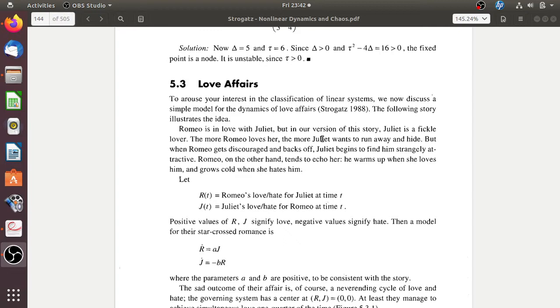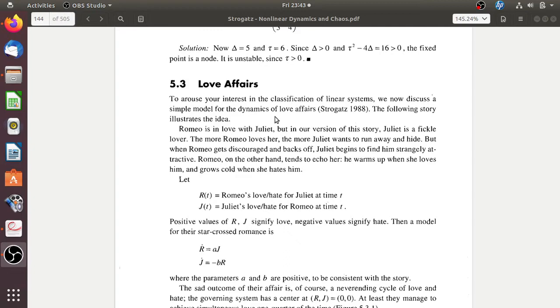And whenever Juliet shows him hatred, then Romeo will reciprocate that. That's Romeo's character. Now, given these characters, what is the dynamics of their love affair? We are going to write a mathematical equation for this.